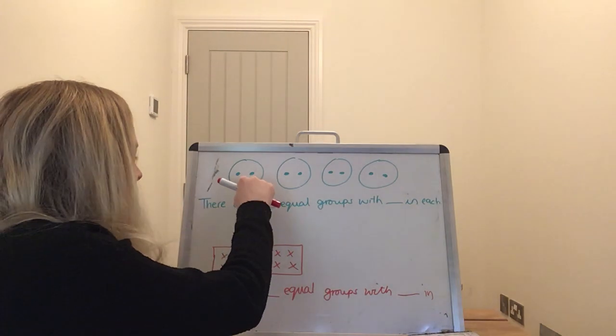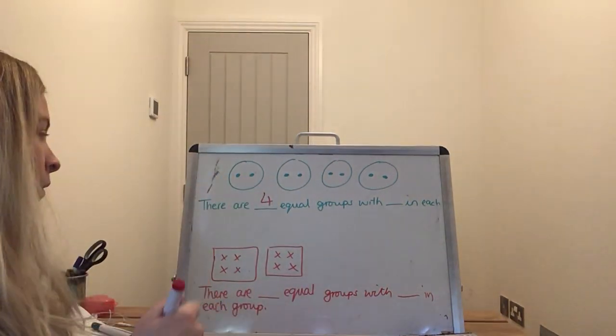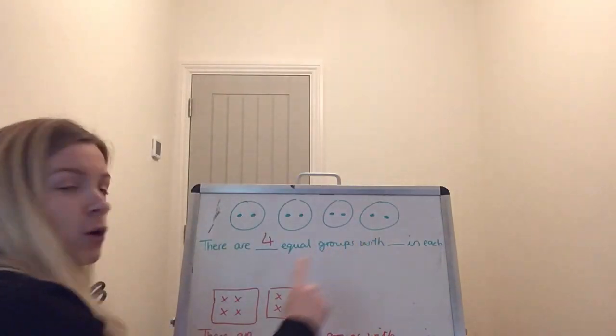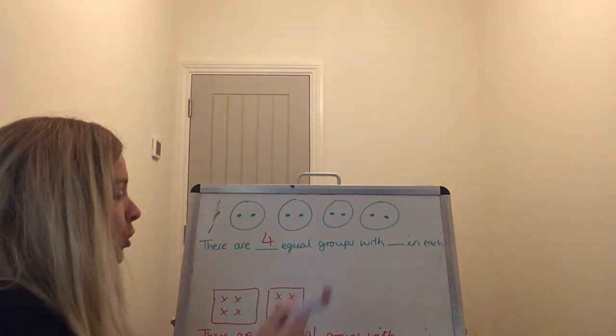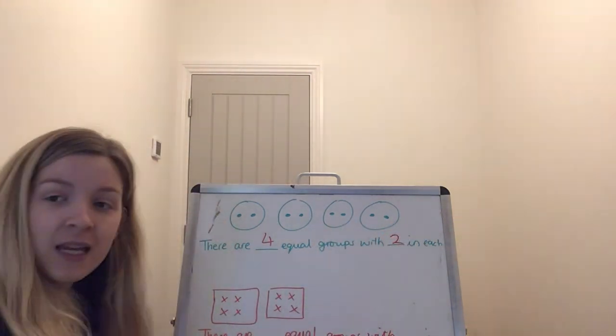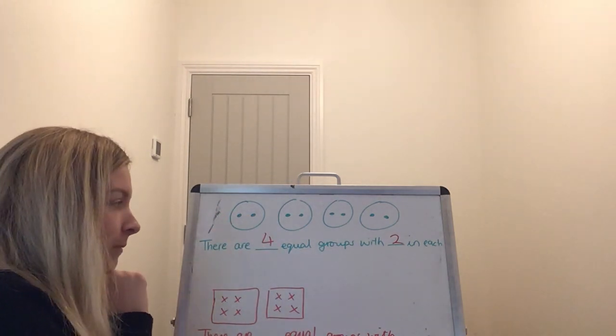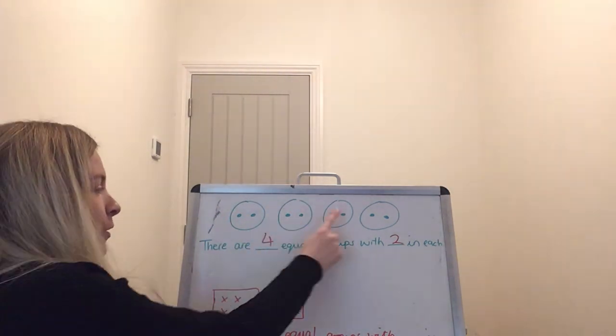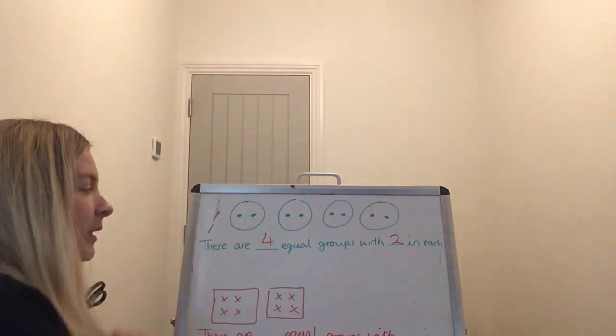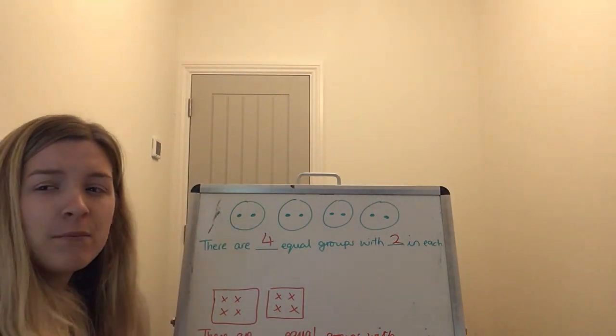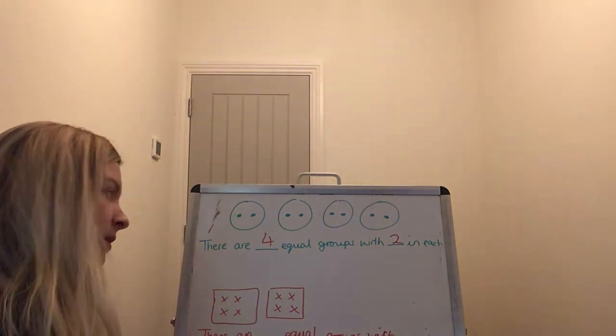How many is inside? There are four groups with two in each group. Two in each, okay? Four groups and two in each. So how many altogether?